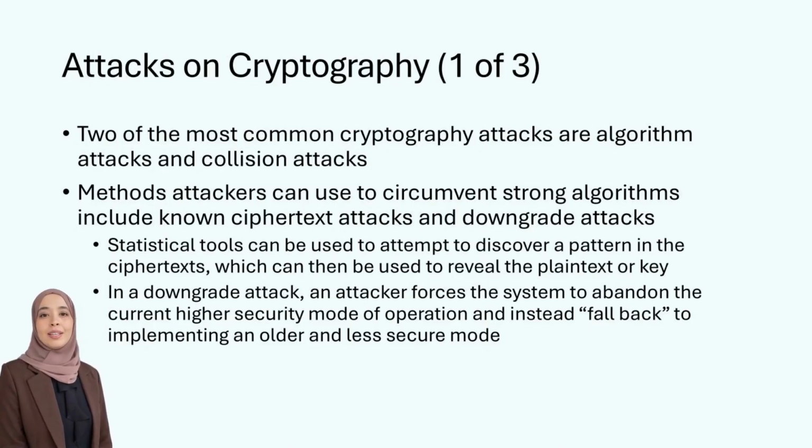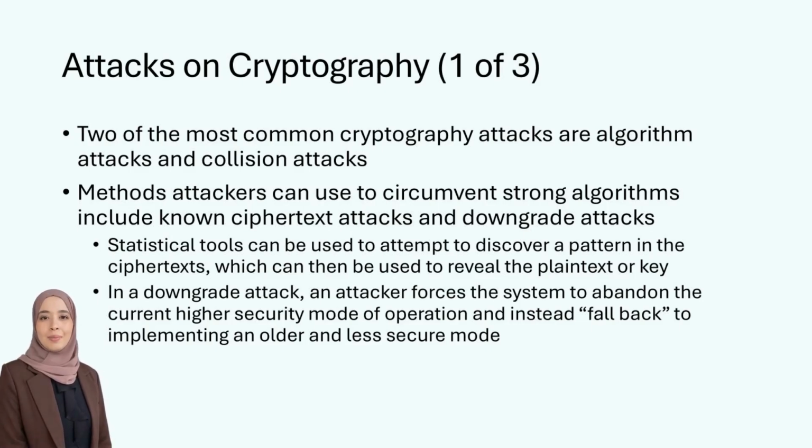For example, in a known ciphertext attack, they might already have some encrypted data and use it to try to guess the key. Another method is downgrade attack, where the attacker tricks the system into using an older, weaker encryption method.